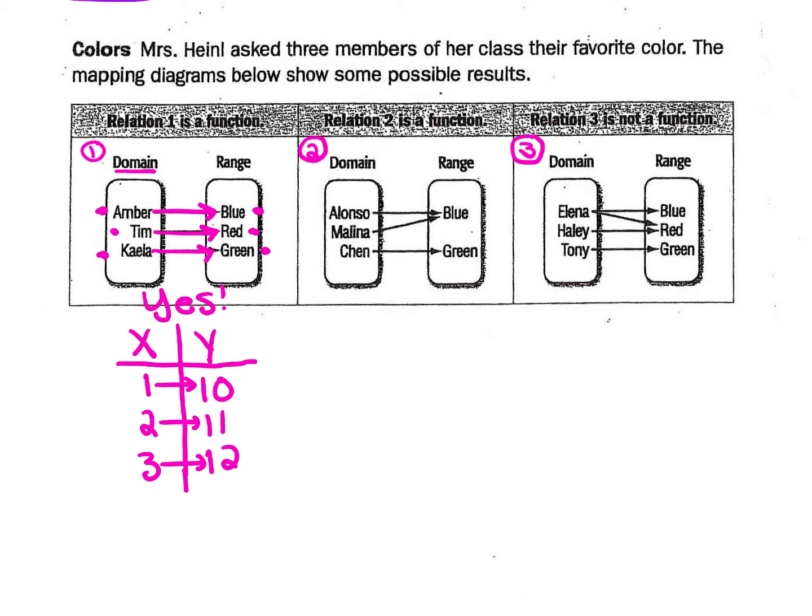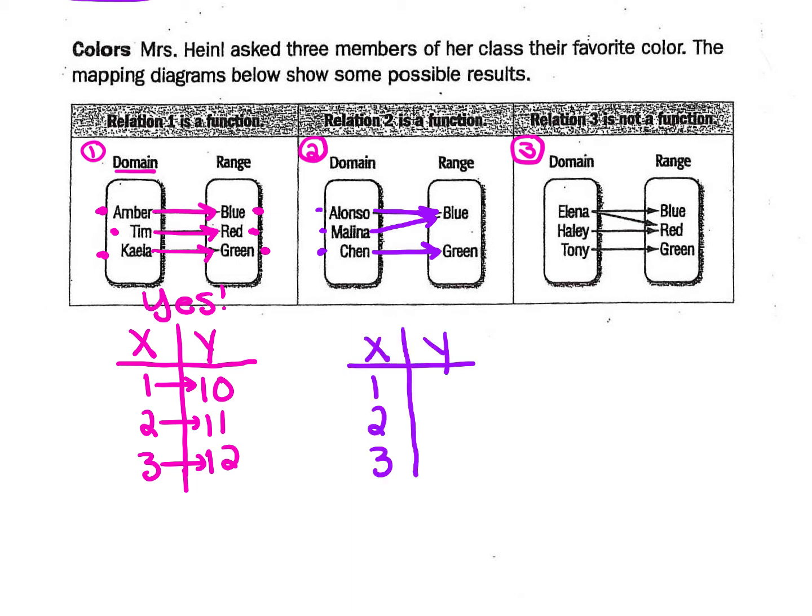Again, 3 different inputs, 3 different students. Student 1's favorite color is blue, student 2's favorite color is blue, and that's okay because each student can have the same favorite color, and student 3 likes green. This is a function. What would that look like numerically?